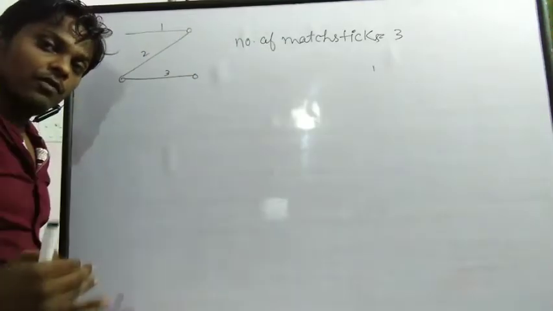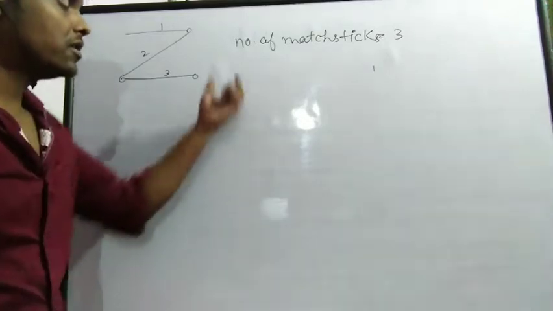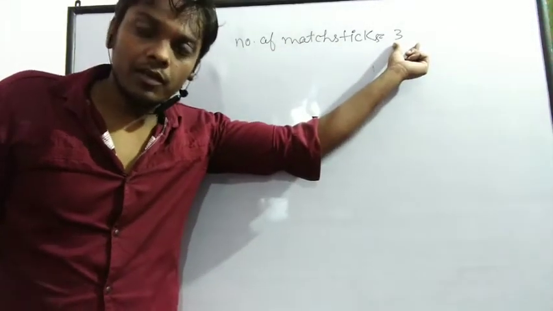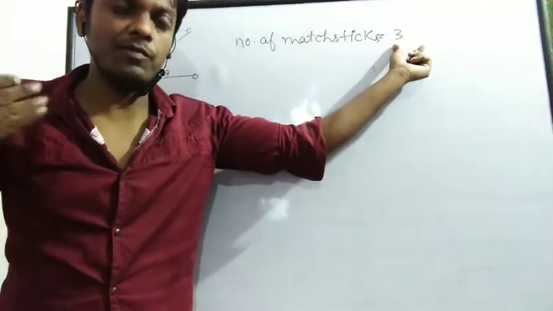And whenever we form Z, there is a multiple of 3: 3 twos are 6, 3 threes are 9, 3 fours are 12, 3 fives are 15.